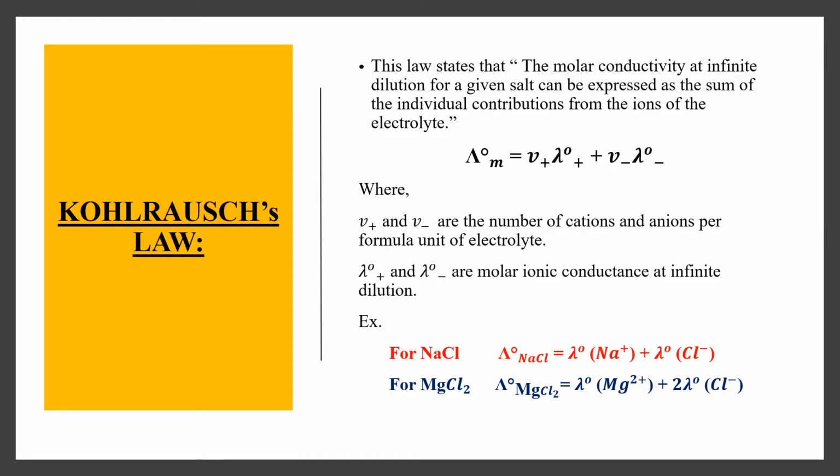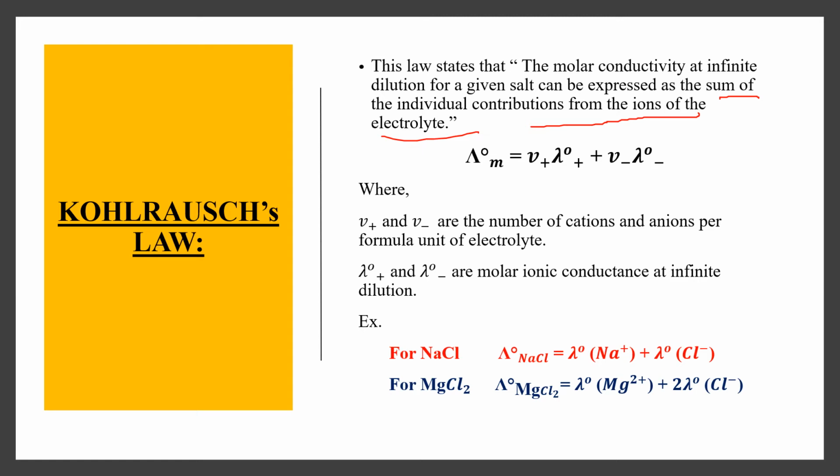This law states that the molar conductivity at infinite dilution for a given salt can be expressed as the sum of the individual contributions of the ions of the electrolyte. Individual contribution means contribution of the cation and contribution of the anion in the solution.